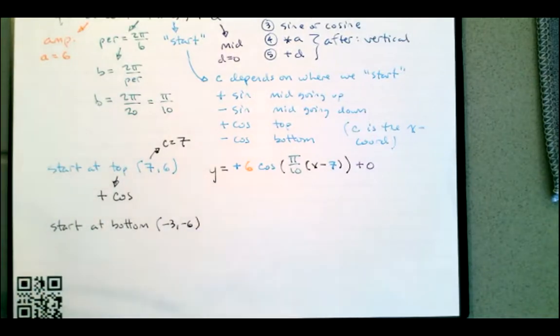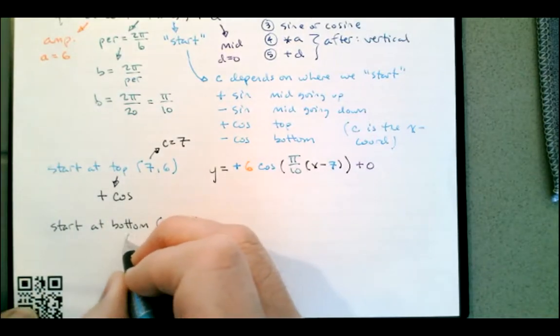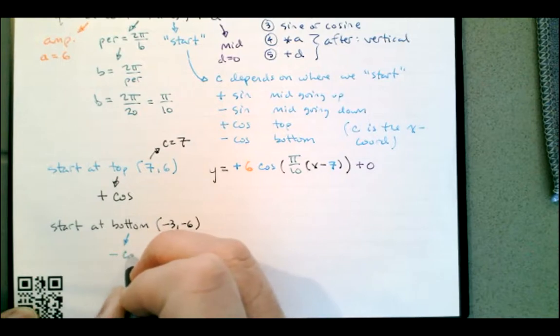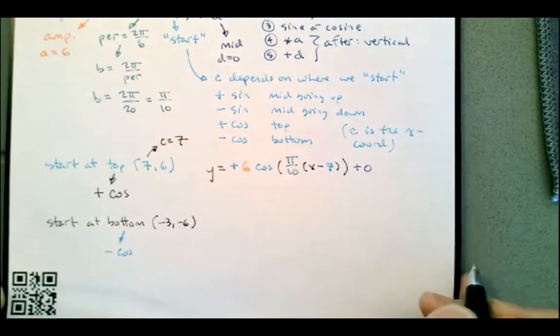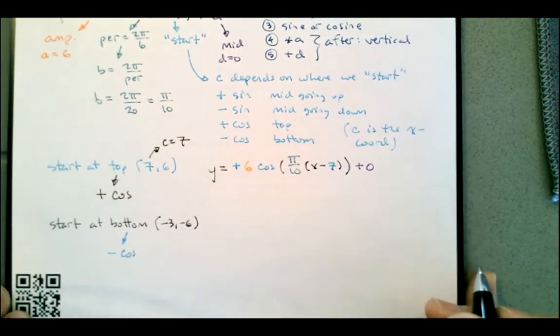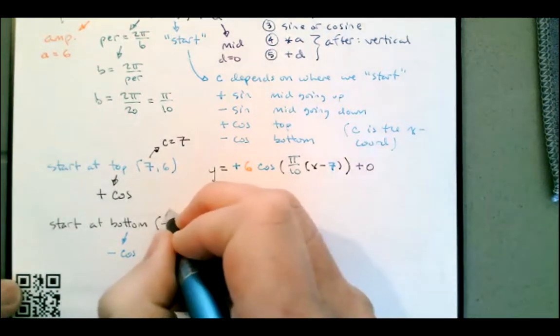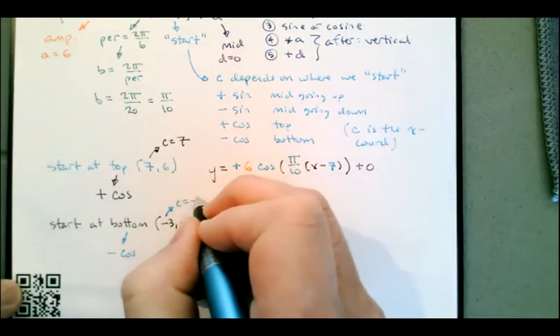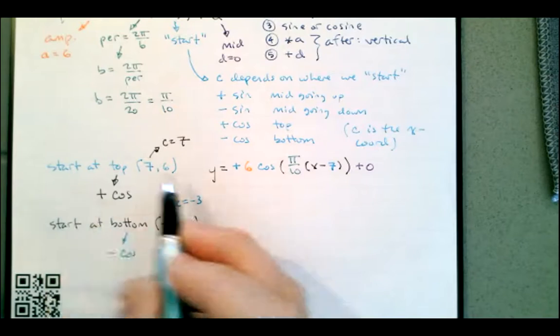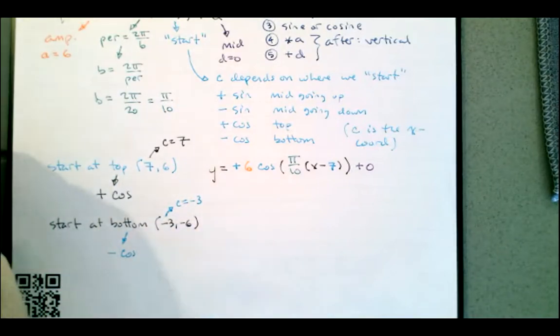Since we're starting at the bottom, that means we're reading this as a negative cosine. And c is going to be the x-coordinate of the starting point. So c is -3. That's the color coding I wanted in the previous one.